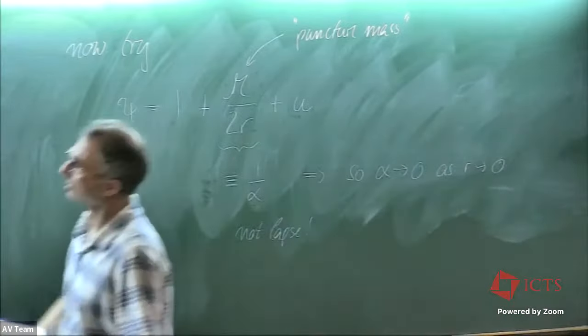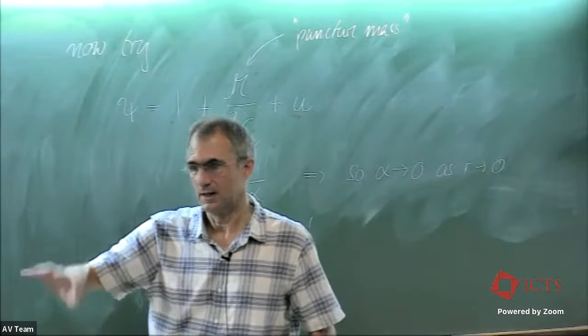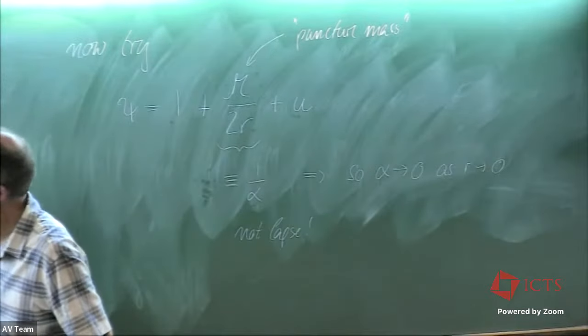When we solved for phi naught equals 1 plus m by 2r, we used Kij equals 0. That's right. So why have you written A bar ij equals 0 there? Basically, I'm just saying that for the special case where the black holes have zero momentum and zero angular momentum, Aij would be 0.